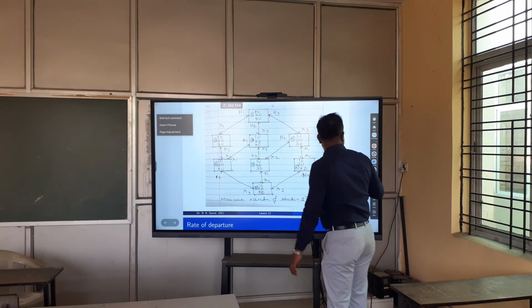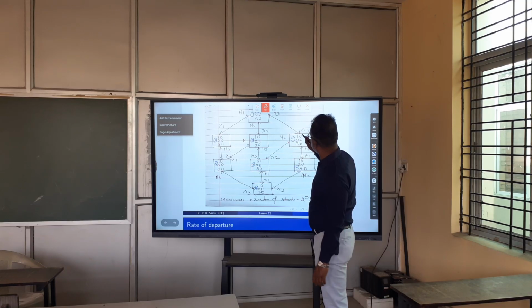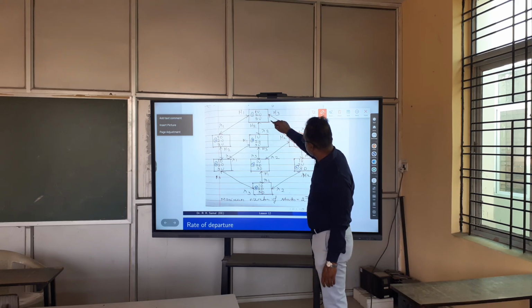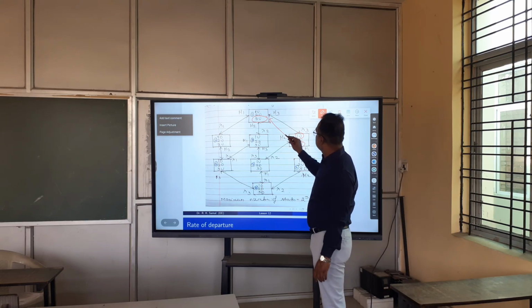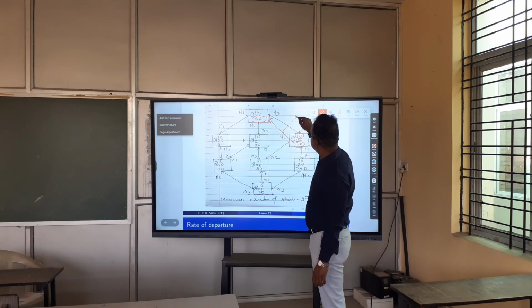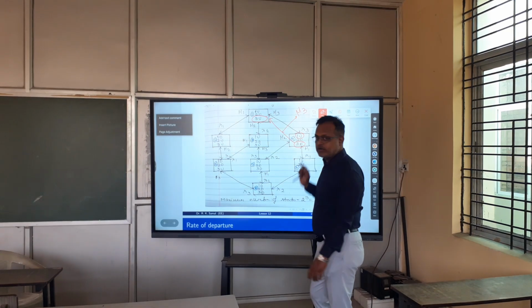So what are the transitions from state number 4? If generator 3 is down here and it is repaired, we go to state 1. The other two remain the same. Therefore, the transition rate is mu 3, the repair rate of unit 3.